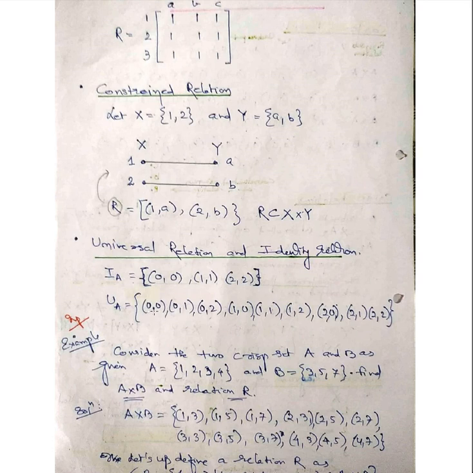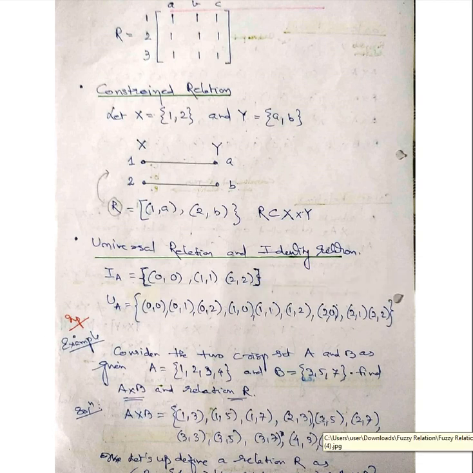So (0,0) is there, (1,1) is there, (2,2) is also there, and then (0,1) is there, (0,2) is there. Similarly (1,0), (1,2), then (2,0), (2,1). So all 9 combinations you can see in the universal relation.